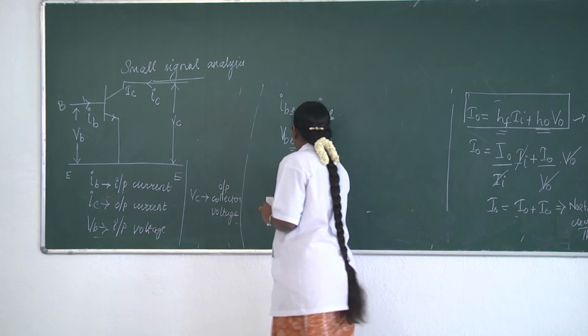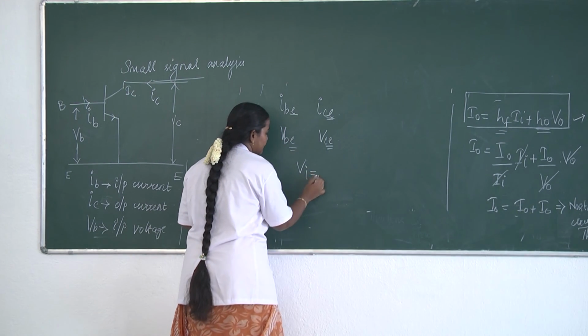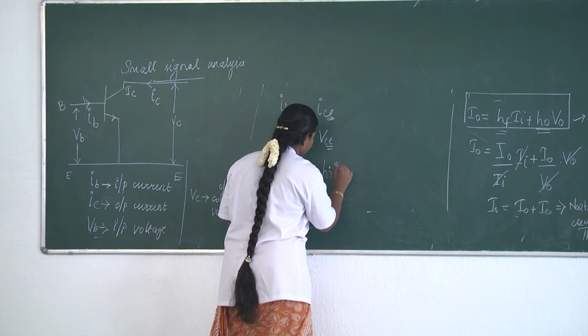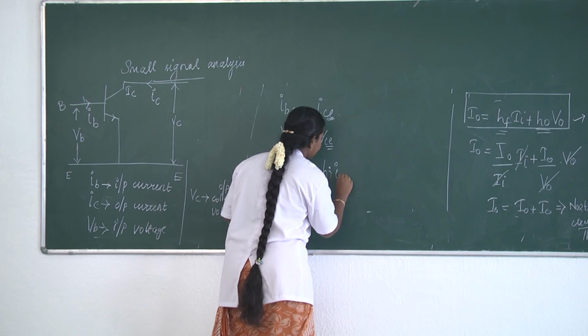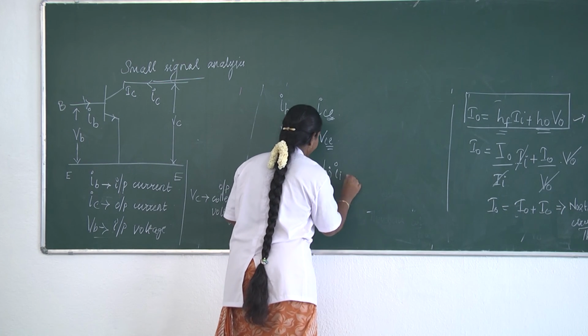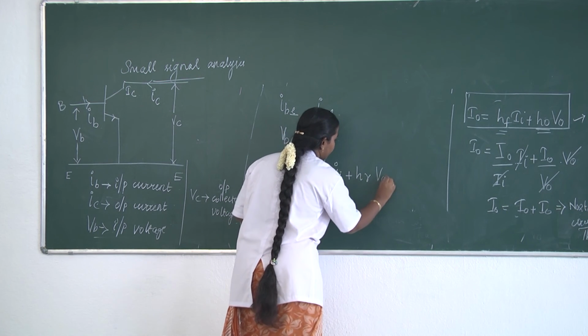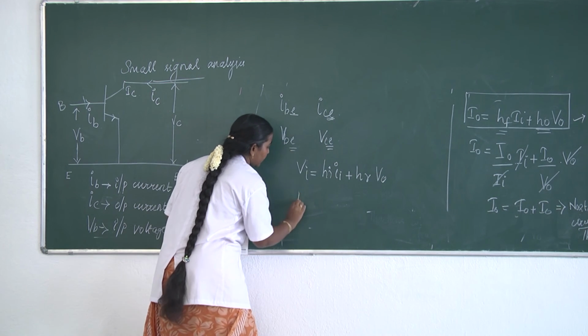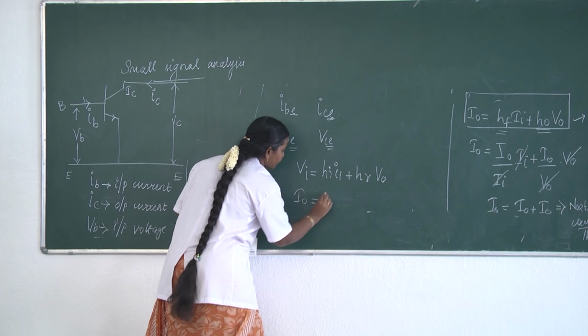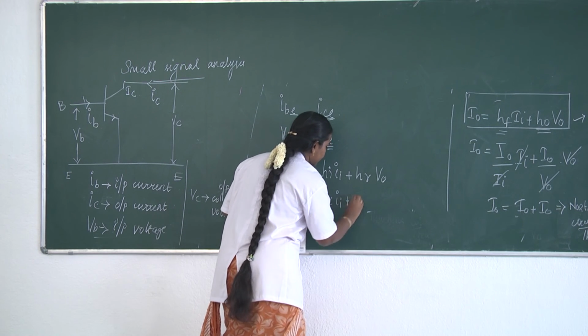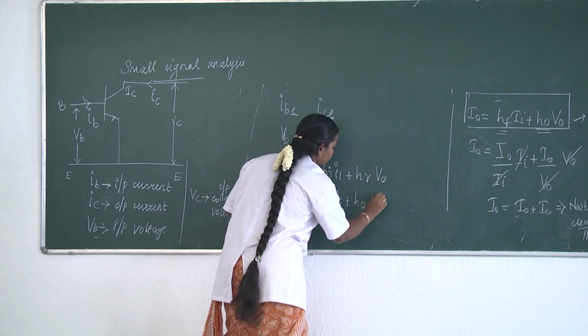So let me write the equation first, that is Vi is equal to hi into the input current Ii plus hr into the output voltage V0. The second equation is I0 is equal to hf into Ii plus h0 into V0.